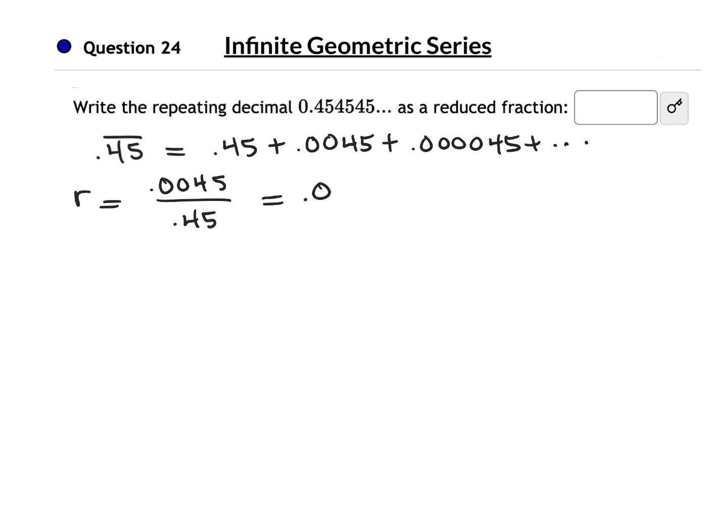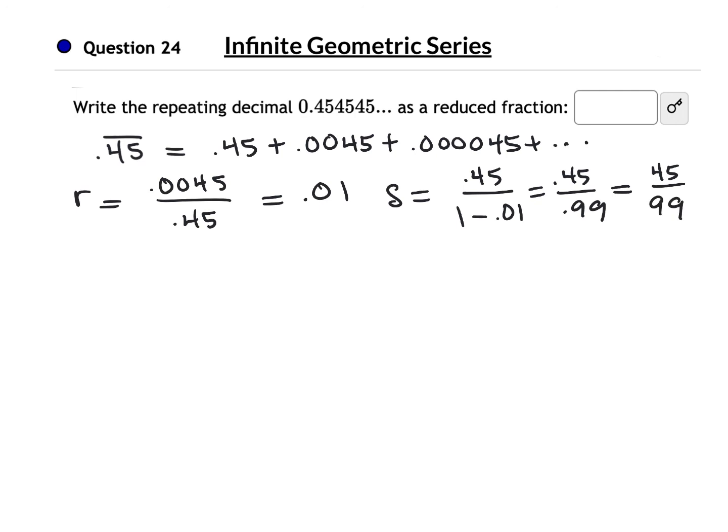This is 0.01. To find the fraction that is that repeating decimal, I'll take the first term, divide it by 1 minus the common ratio. 0.45 divided by 0.99. Multiply top and bottom by 100, and we get 45 over 99.